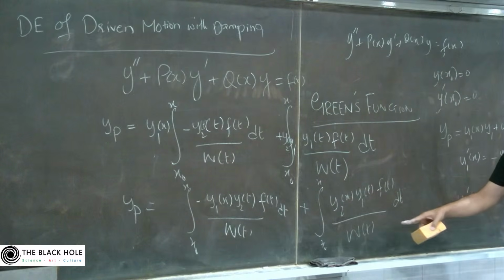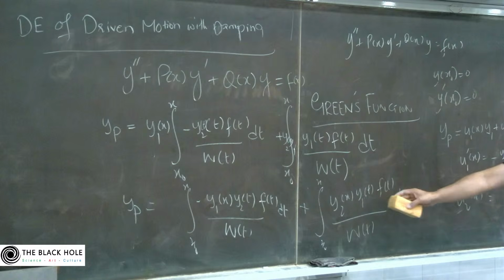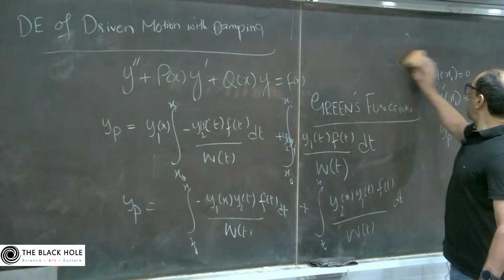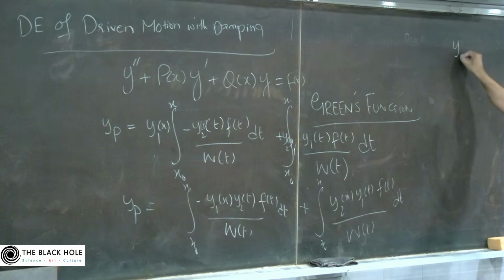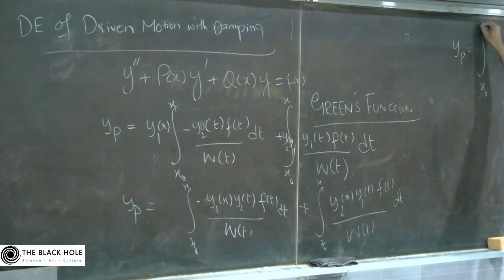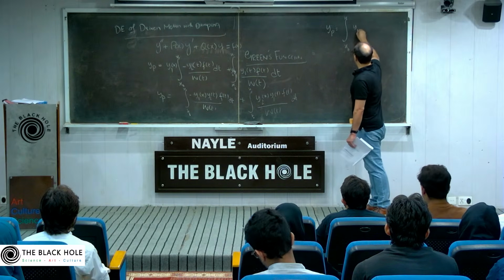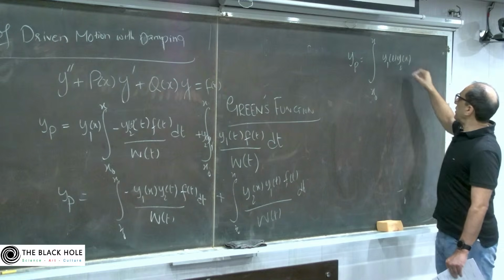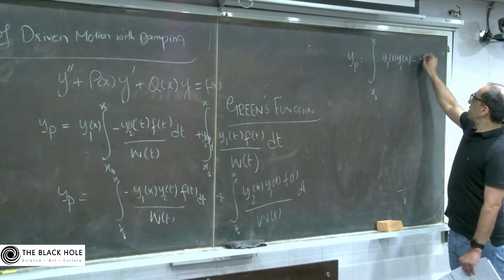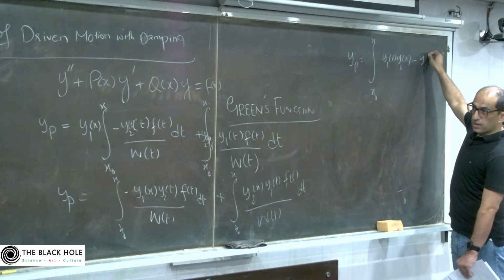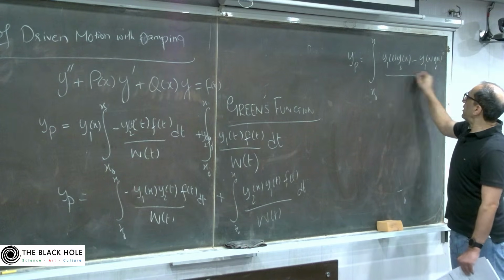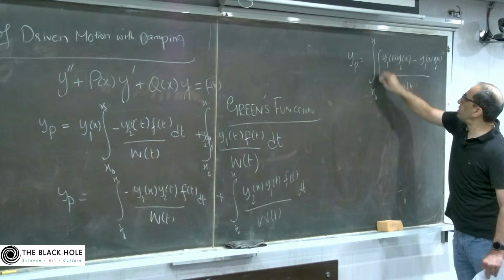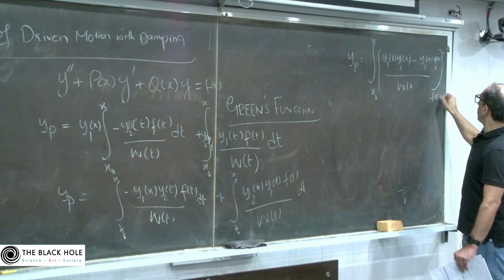Now if you can see, all these terms have the same limits and are multiplied by the same variable, so I can write yp as the integral from x0 to x of [y1(t) y2(x) - y1(x) y2(t)] divided by W(t), and this whole thing gets multiplied by f(t) dt.